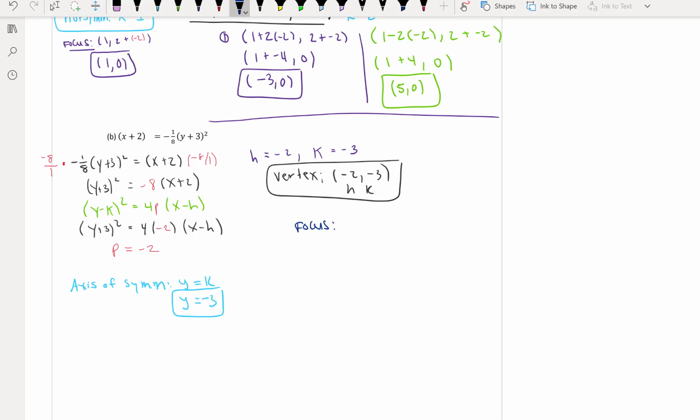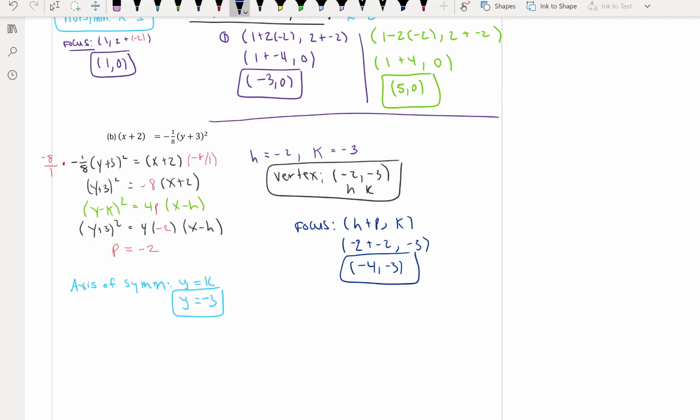The focus is going to be h plus p, comma, k. So the h value is negative 2. I'm going to add it to my p value, which is negative 2, and my k value, which is negative 3. So I'm going to have a negative 4, negative 3 as my focus.